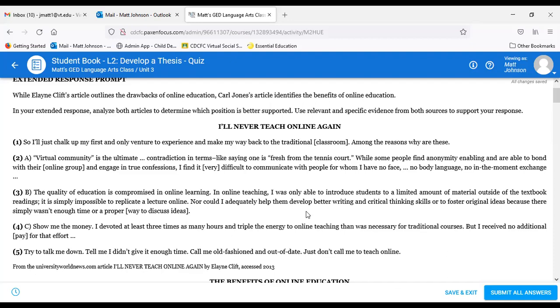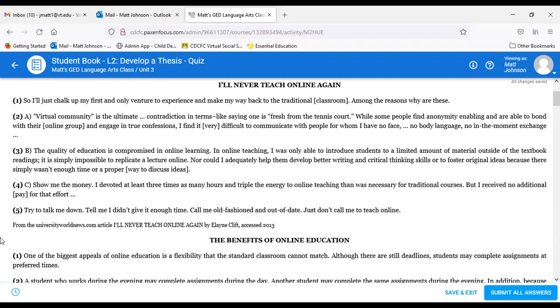Great job. Now, what type of evidence is that? Because that's important too. It's a personal experience, right? So it's anecdotal.